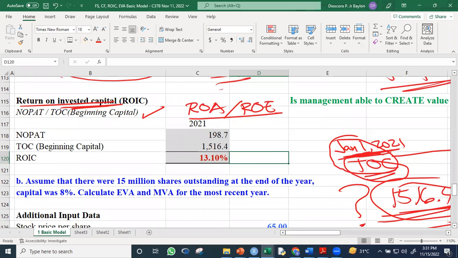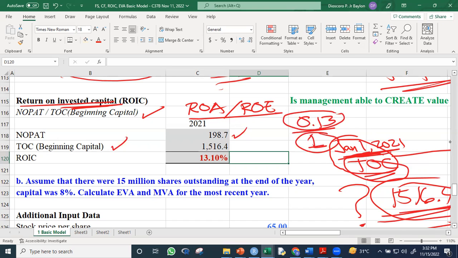Kasi ganito yan eh. So the ratio is just 0.13 or 13% divided by 1. Yung 1, si operating capital, beginning. Si 0.13, ito yung NOPAT. So nakapag-generate siya ng NOPAT na 13% sa bawat 1 peso ng operating capital.